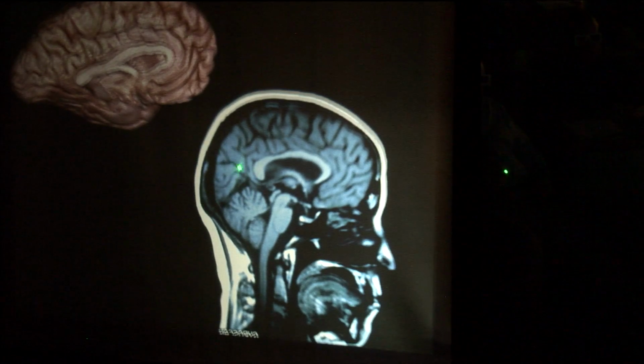This is the flow void of the PCA. PCA, parietal occipital branch and calcarine branch, the distal branches of the PCA. And they, of course, run in the parietal occipital sulcus and in the calcarine fissure. The primary visual area is just the posterior half of the calcarine fissure.